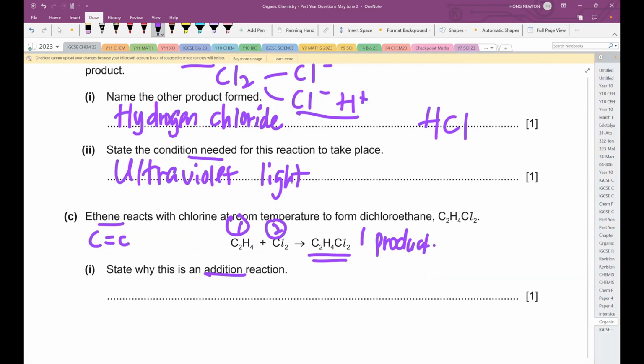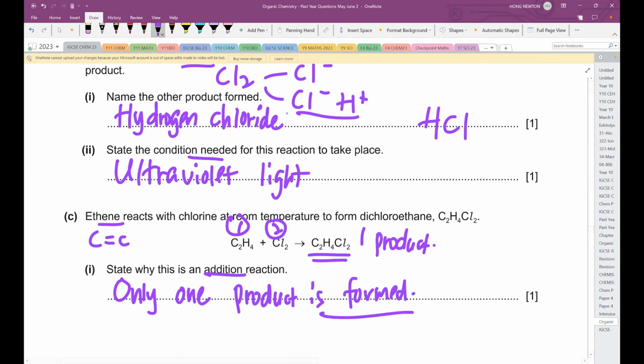So our answer here: only one product is formed, so therefore we call it an addition reaction. Okay, you write down.